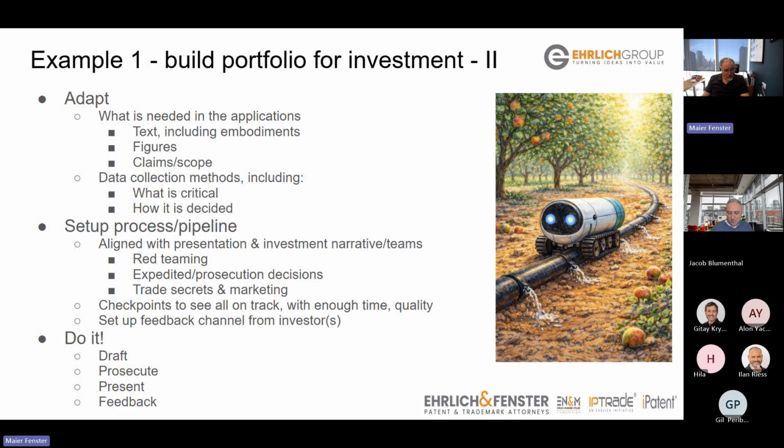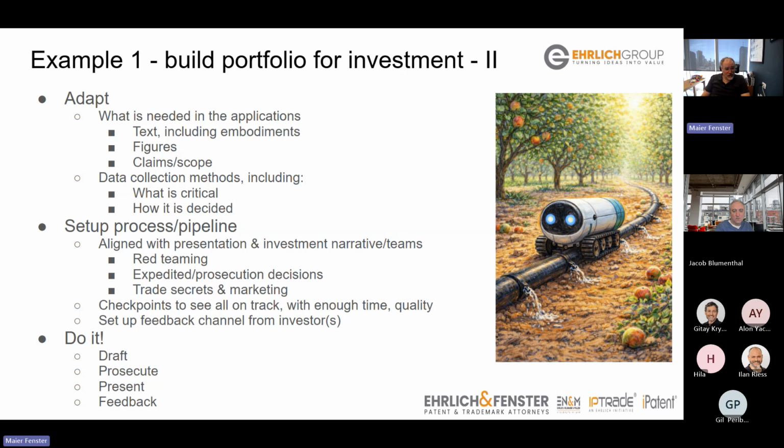So we have to set up some sort of collaboration. We have to decide how quickly to get the patents. Part of the IP we're going to show is going to have to do with trade secrets. And of course, marketing is a big frenemy in that aspect.